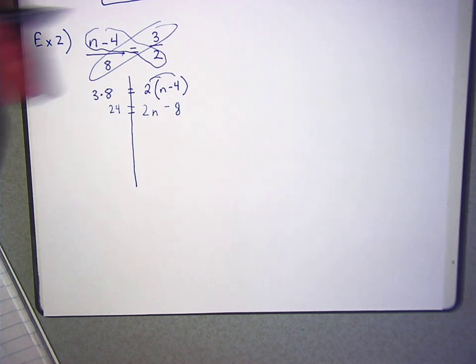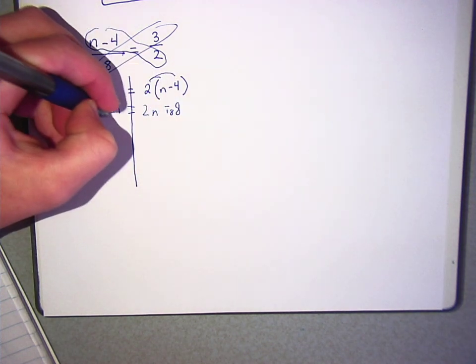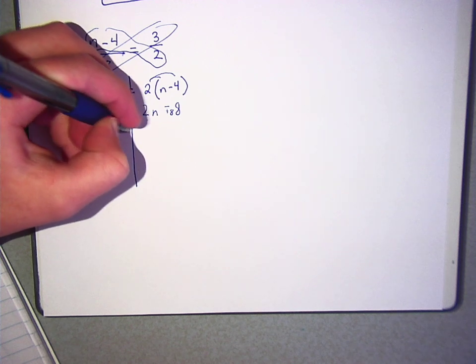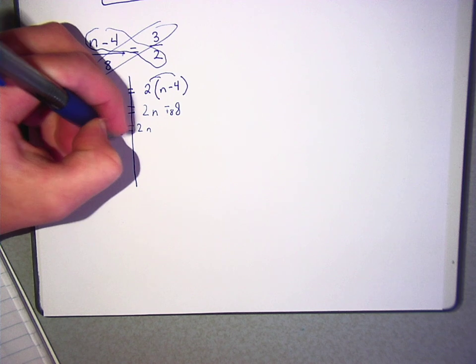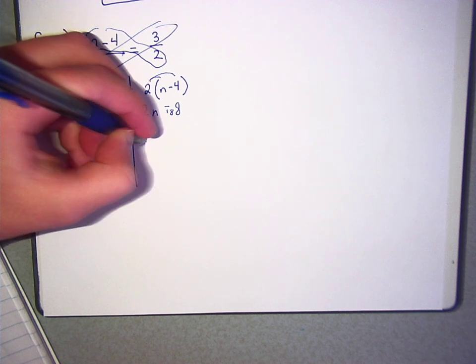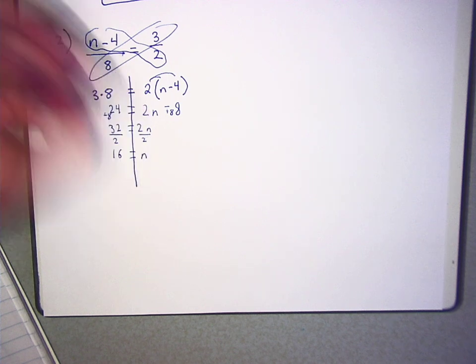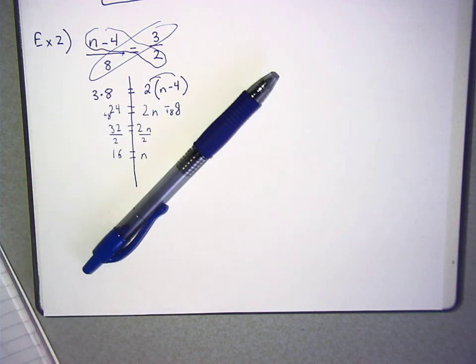And then you add 8 to both sides, which is 32 equals 2n. Divide by 2 on both sides, n equals 16. Great. Grab a prize. Well done.